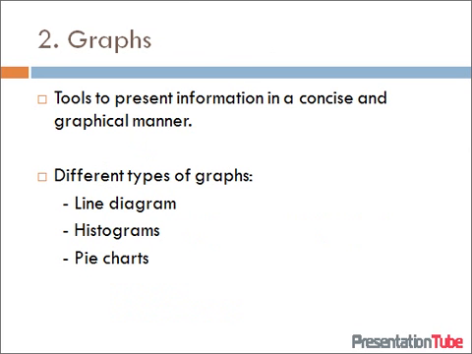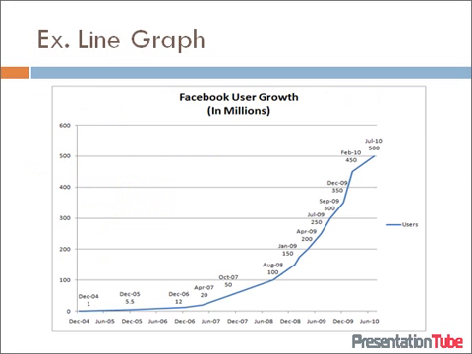And the second tool is the graphs, the tool for presenting information in a clear graphical manner. So we have certain information or data, and we want to present this information in a graphical manner. So we have the line diagram, histogram diagrams, and pie charts. If we look at the line diagram, we see it like this one.